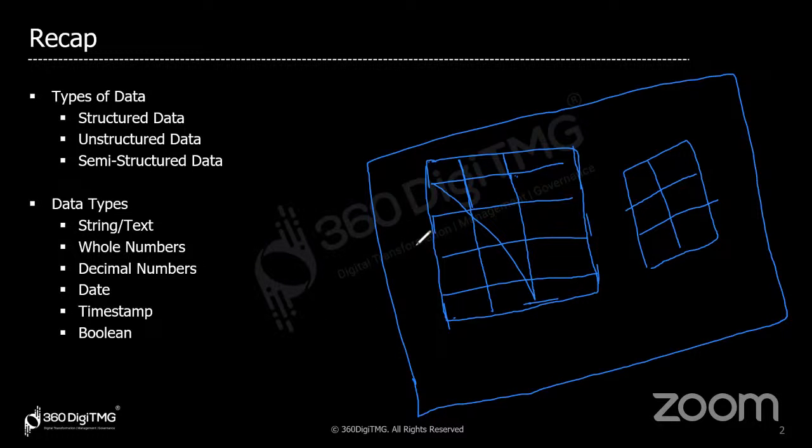And to access the data that is stored in these tables, to be able to retrieve the data or to be able to insert records, to be able to create new tables in here, we need a language through which we can communicate with these databases.